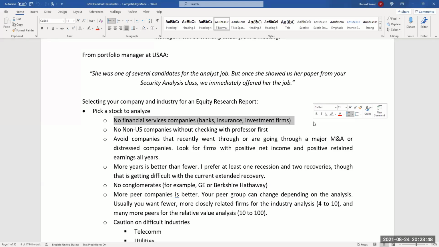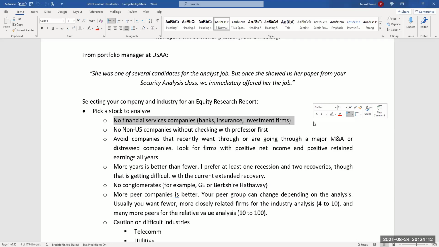About a month into class, he said, professor, I really wish I hadn't picked a bank. It is very, very difficult. So Eduardo, BlackRock's investment firms are not as bad as banks and insurance companies, but they're really challenging. If you want to do it, I'll let you, but I'm going to warn you, some papers like 3 and 4 are going to be extremely difficult.